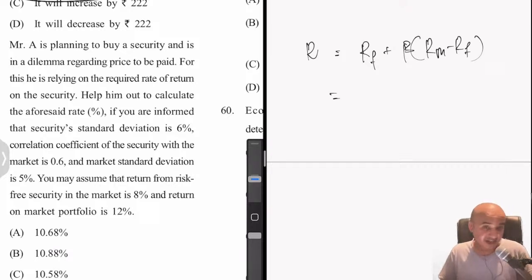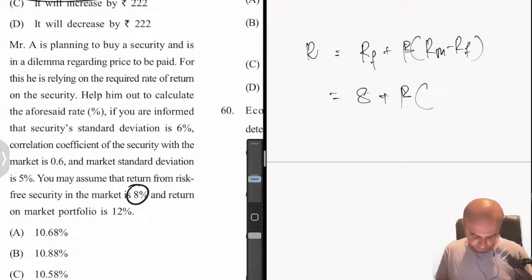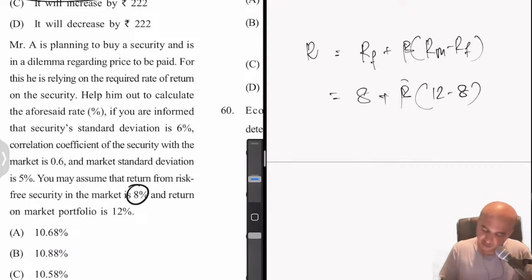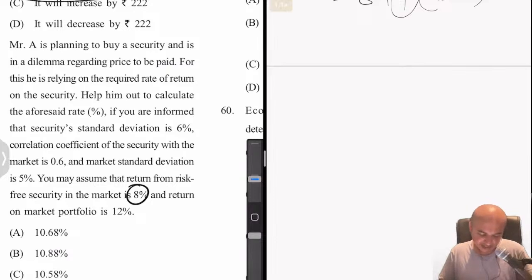Risk-free rate is given, somewhere it's mentioned as 8%. 8 plus beta, which is not given. RM is how much? Market portfolio 12 minus 8. The problem is we do not have beta to find the required rate of return, but they have given the standard deviation, so that can be used.